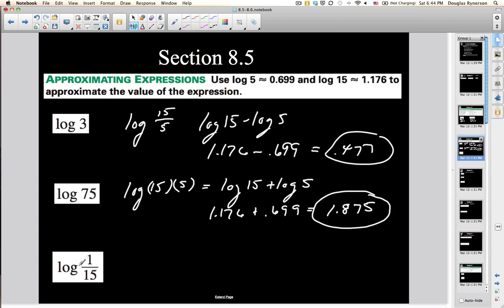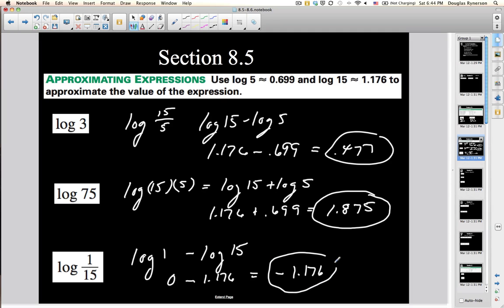All right, and log of 1 over 15, well, that would be equal to log of 1 minus log of 15. Log base 10 of 1 is 10 to the 0 power, so that would be 0 minus 1.176, which would be equal to negative 1.176.